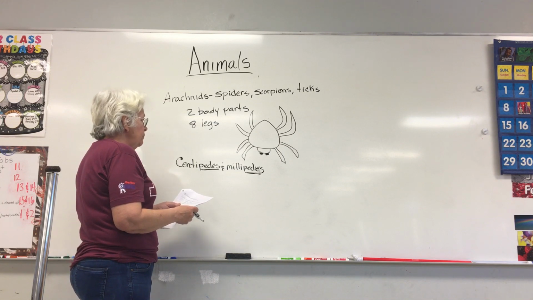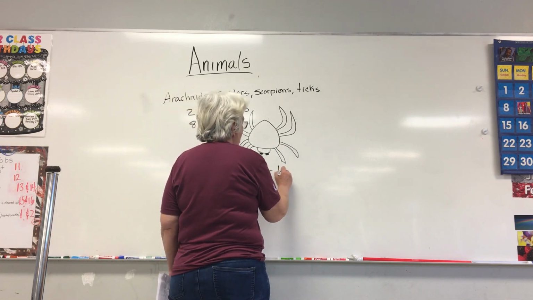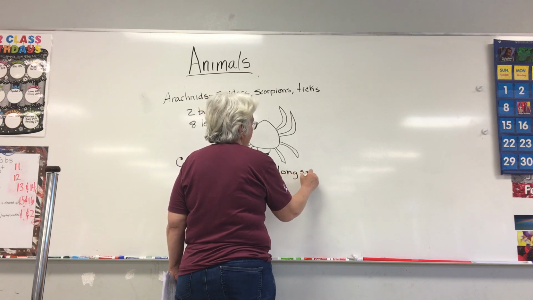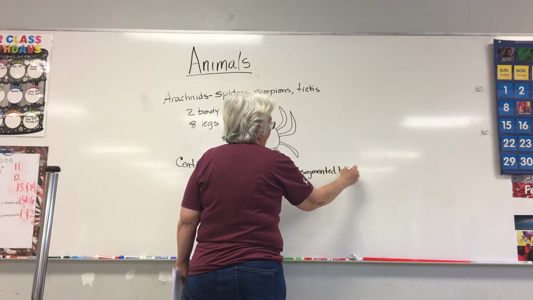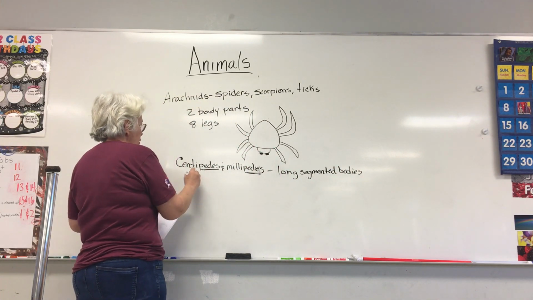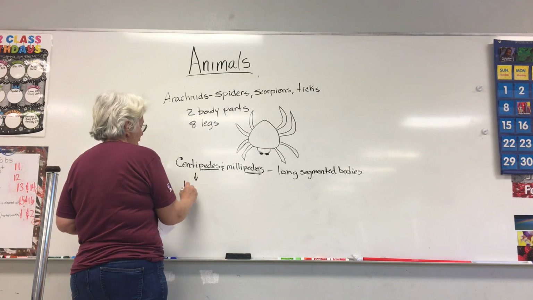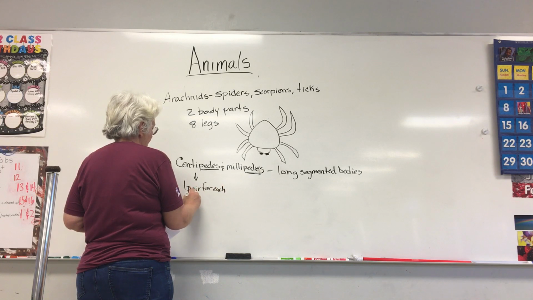So these animals have long, segmented bodies, and in a centipede, you have 1 pair for each segment.